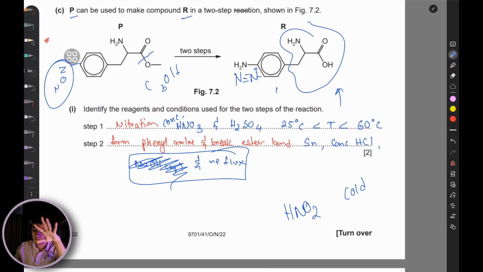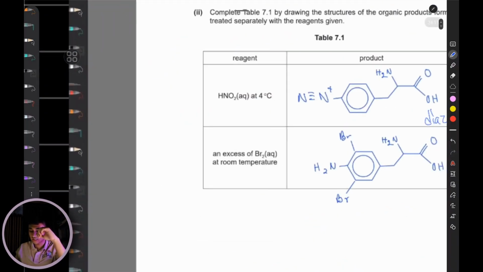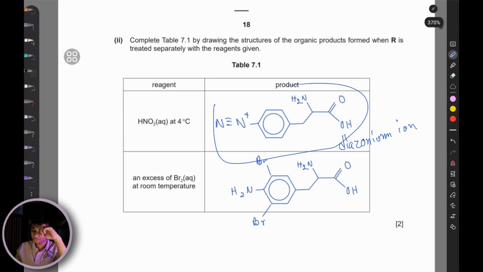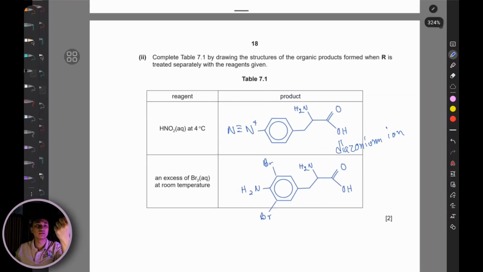Due to 4 bonds, it is going to have a positive charge, because usually nitrogen forms 3 bonds and has a lone pair of electrons. Now over here, due to 4 bonds being formed, one of its lone pair of electrons is being used to form the bond, hence 4 bonds and the positive charge. So this is your diazonium ion being formed in presence of HNO2 and cold conditions.